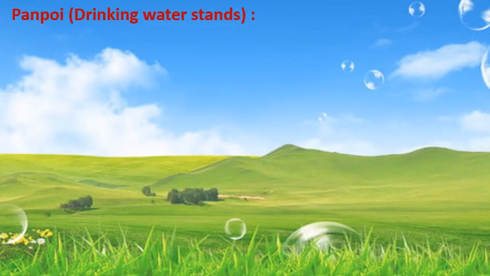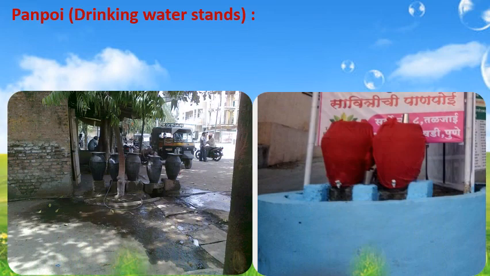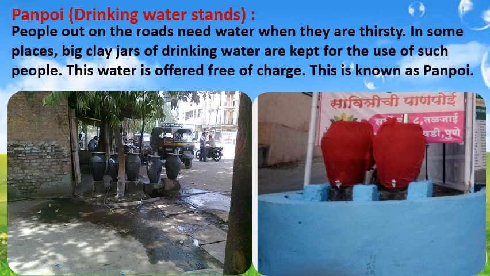Now, this is one more pan poi, means drinking water stands. You can see in the picture, there are pots for drinking water. See, people out on the roads need water when they are thirsty.